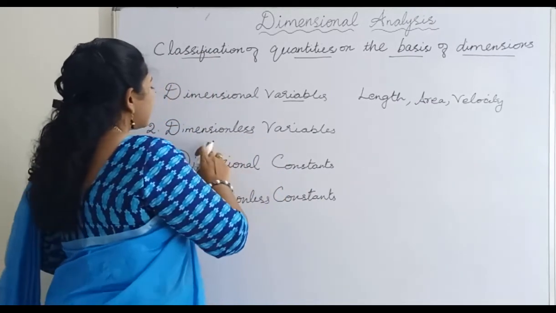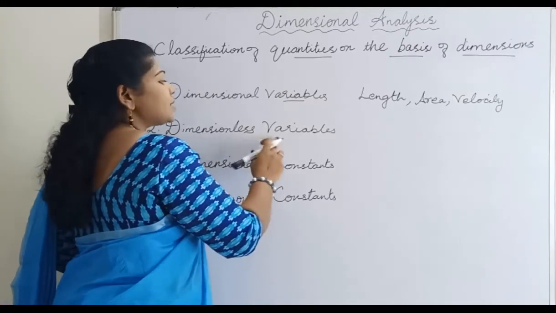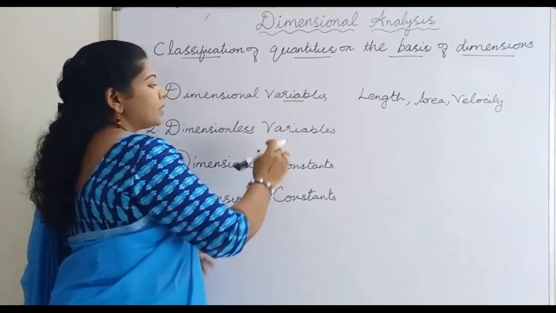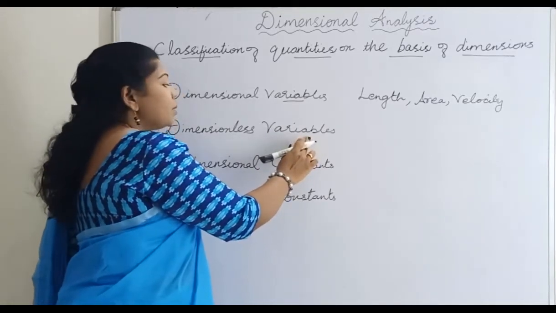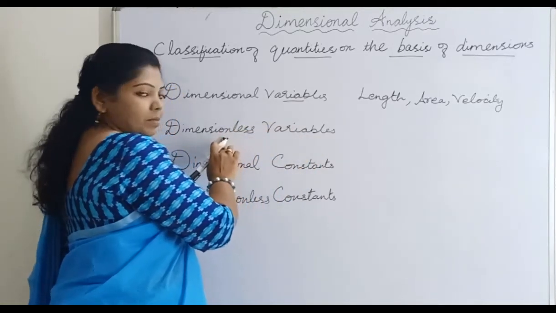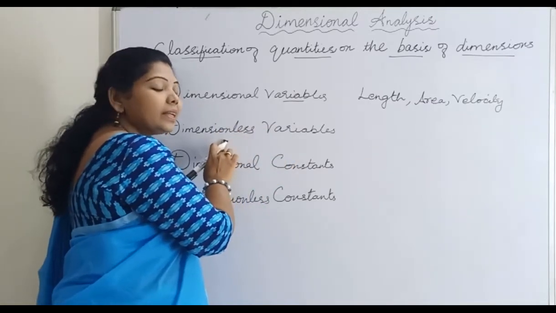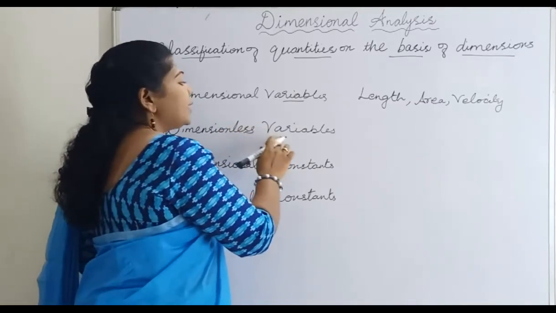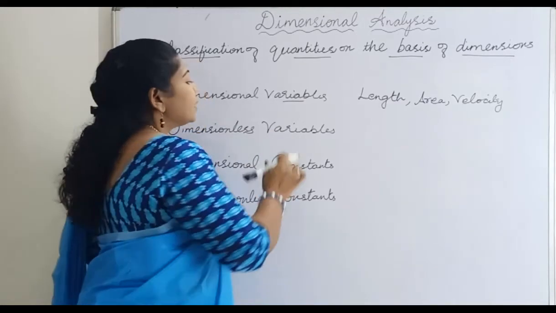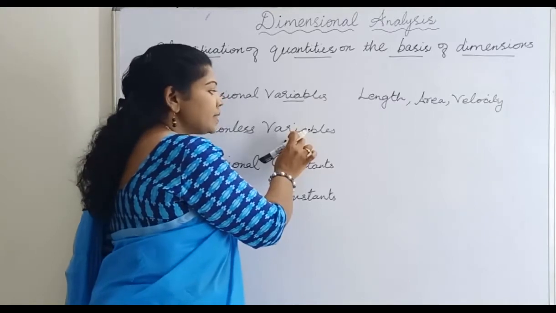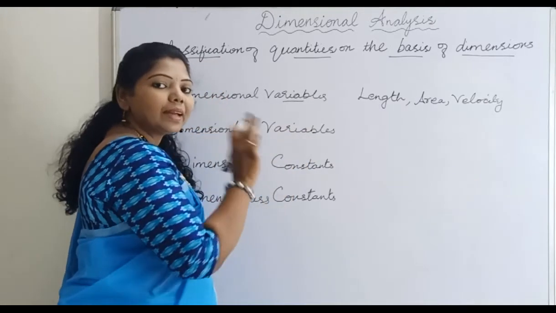Okay, what is the second one? Dimensionless variables. They are variables but they should not have any dimension. Variables that do not have any dimensions are called dimensionless variables. The value changes but they don't have dimension.